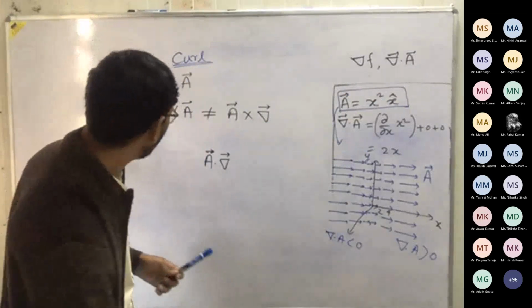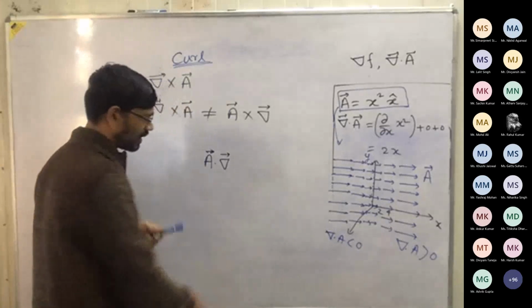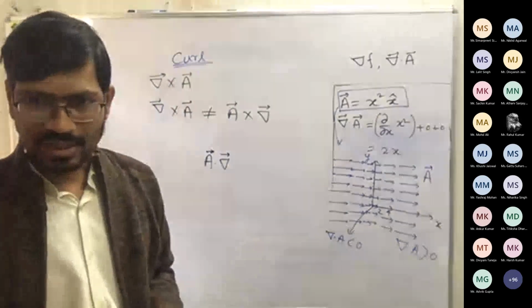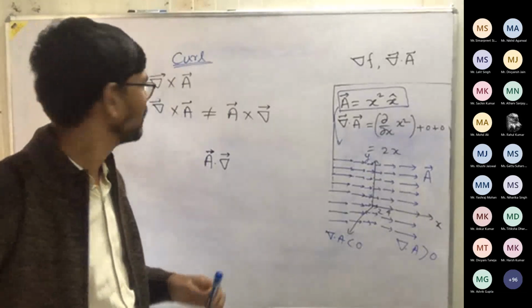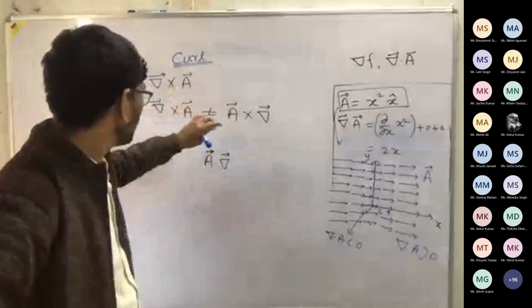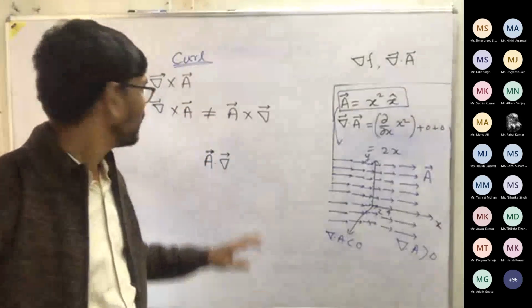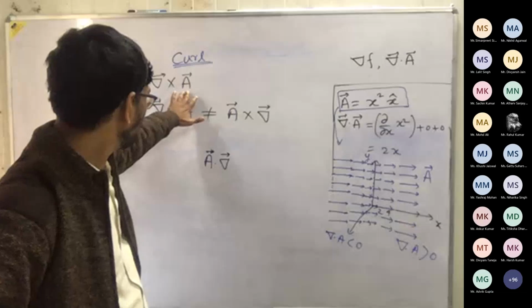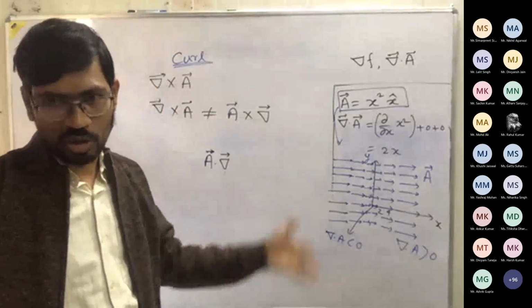Now, what is curl? By the name curl, you already get some idea about this quantity. So this is a vector. In general, I'm taking this vector as non-constant.